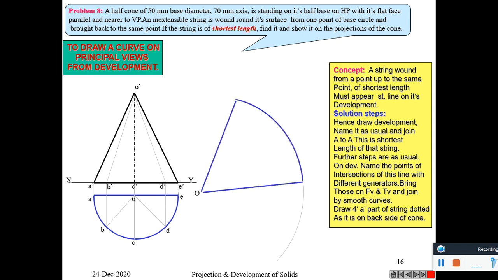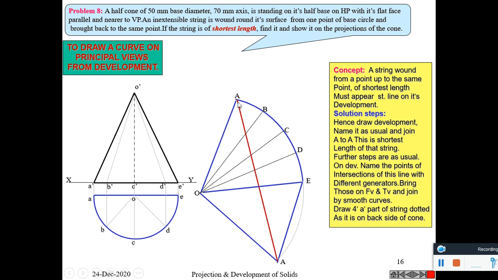Now draw the development. This is the cone, and it consists of a straight line here, that is the triangle at the back. This semicircle is divided into 4 equal divisions.